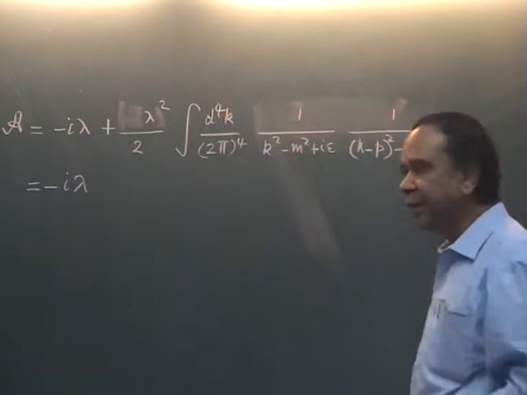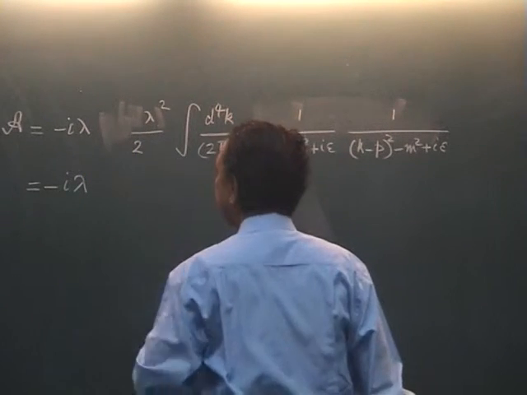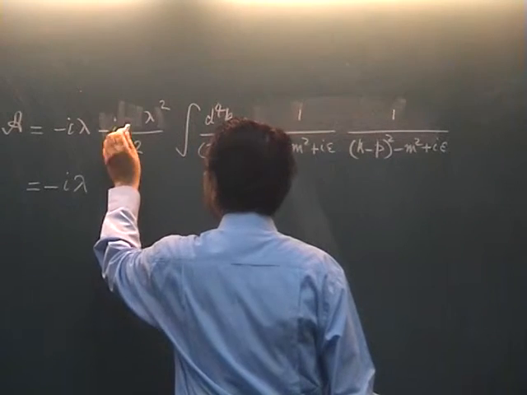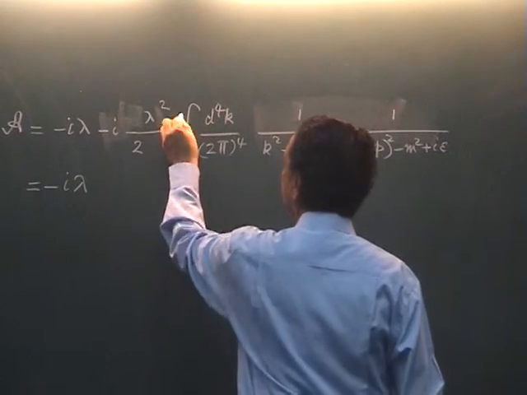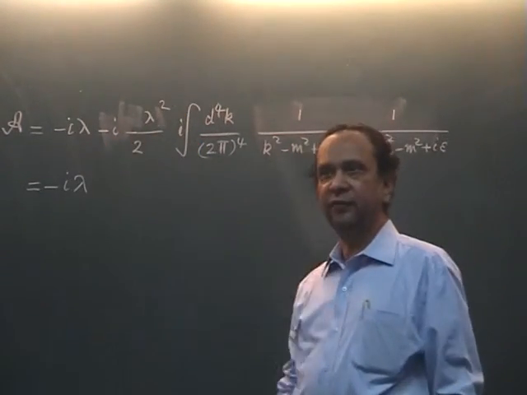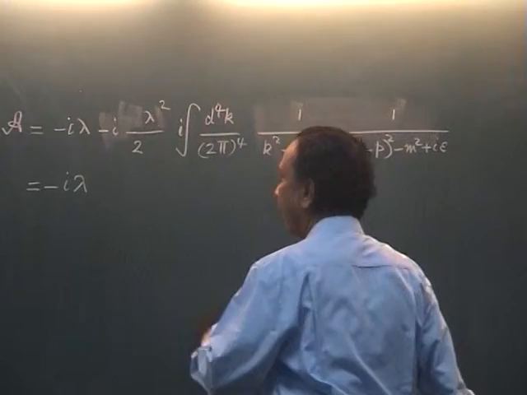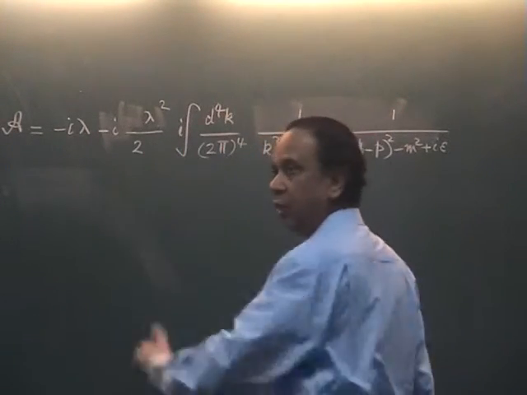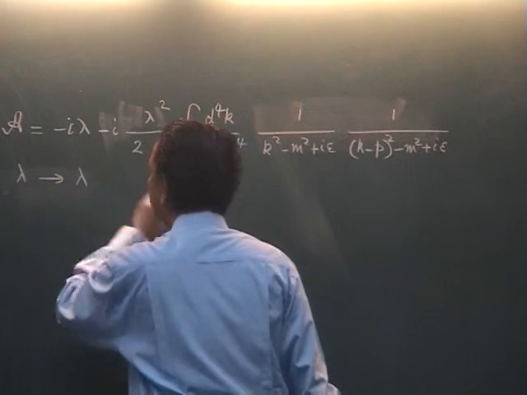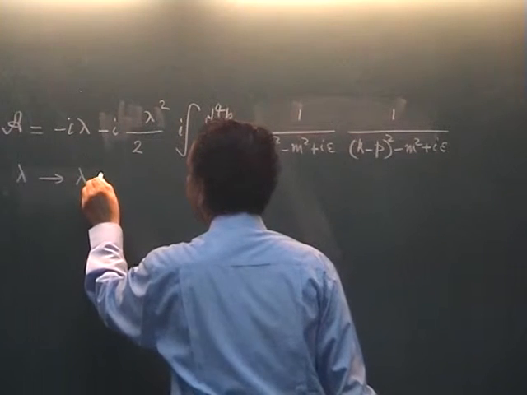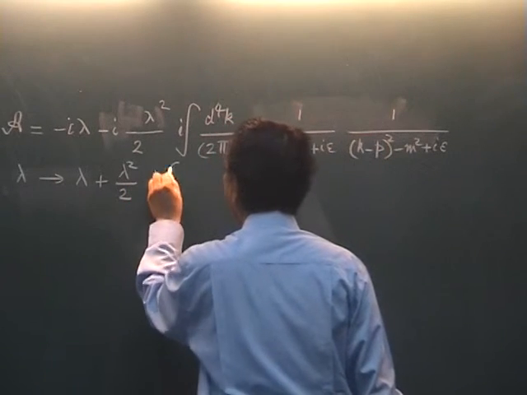Okay. So the conventional way of doing this is to write this quantity as a minus I times this quantity, and you put an extra I here. So I into I takes care of this factor. The whole idea is to look at this expression and say that your lambda, if you take my minus I out, originally we had a lambda, and effectively it is going to be replaced by lambda plus lambda square by 2 times I times this integral.